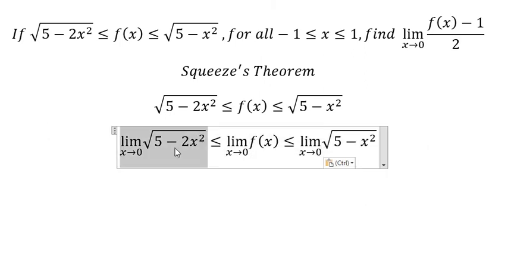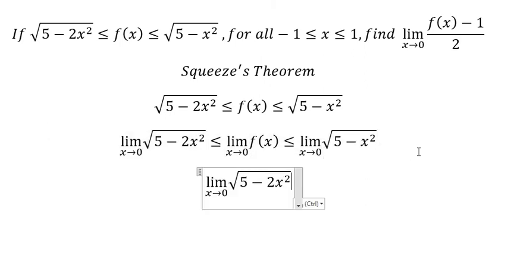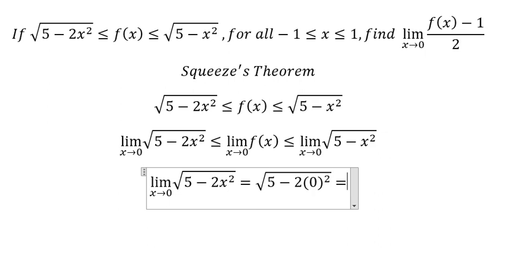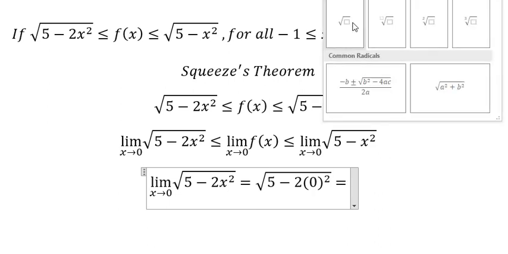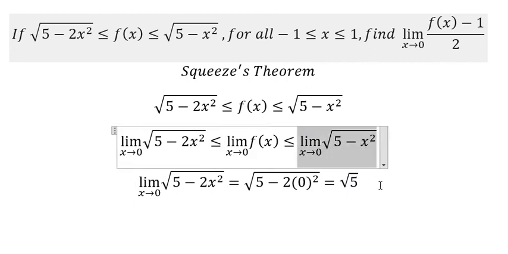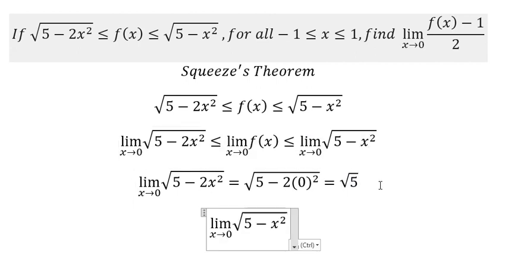We know that this limit, when s approaches the number 0, so I will put the number 0 in here. So we have the square root of number 5. Now we put this one in here.